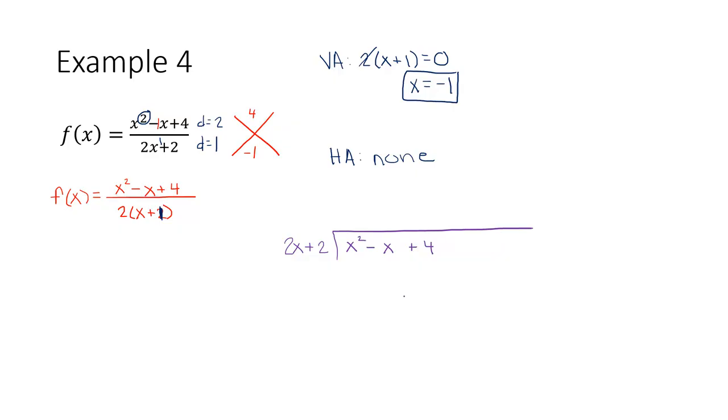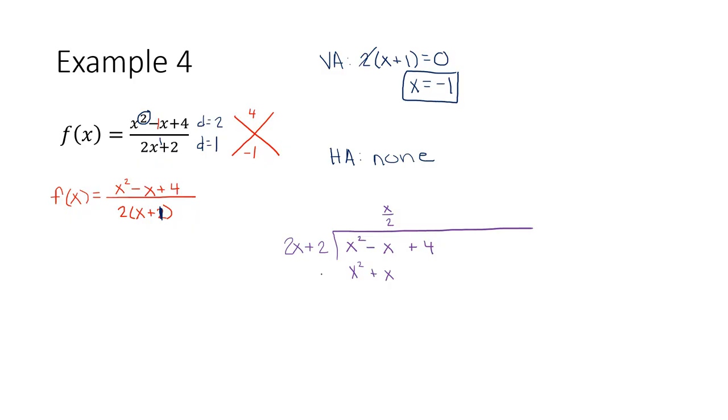So remember, to do long division, I divide, multiply, subtract. So I divide my first terms. x squared divided by 2x is x over 2. Then I multiply. x over 2 times 2x is x squared. x over 2 times 2 is x.